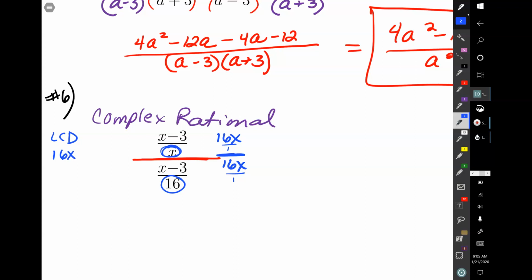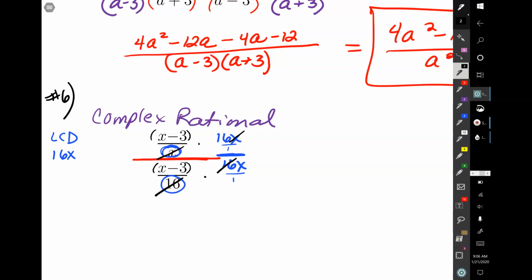But then when I multiply, I can reduce this whole numerator. So I have 16x in the numerator with an x in the denominator, so I can reduce out the x there. Okay. And then in the denominator, I have that x minus 3 over 16, and my 16s will reduce out.